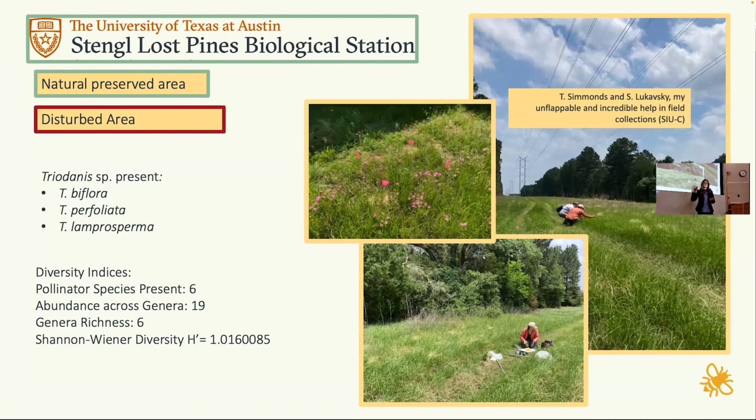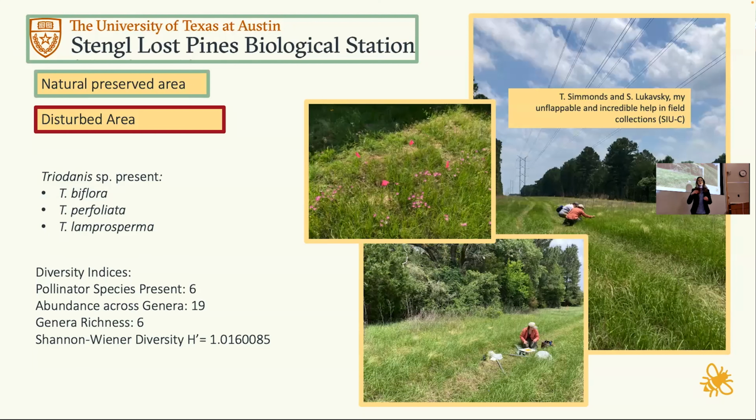The title will either have a green box or a red box, and this indicates a human-preserved natural area or a highly degraded or disturbed area, because we did standard sampling in both. It will also have all of the Triodanis species present at that site.